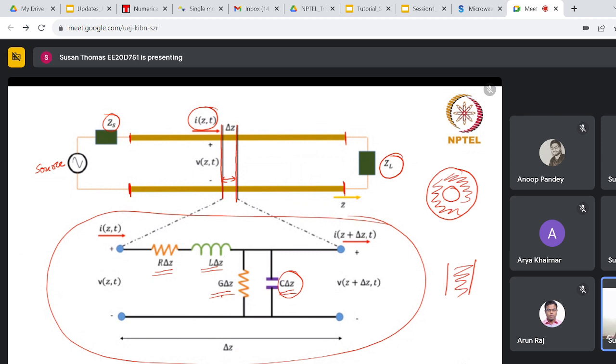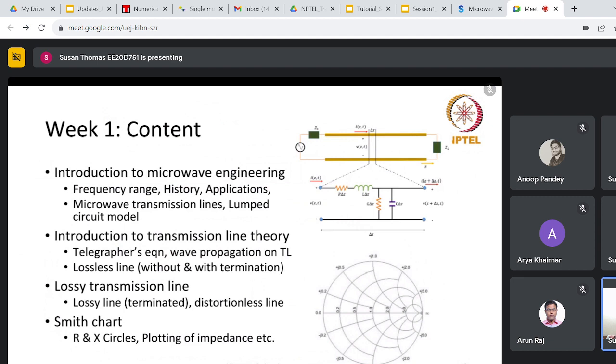At the same time there is resistance, and also a leakage current which contributes to this conductance. I'm not going into the details of these, just wanted to give an idea of what the lumped circuit model is. So this was all about the first lecture.